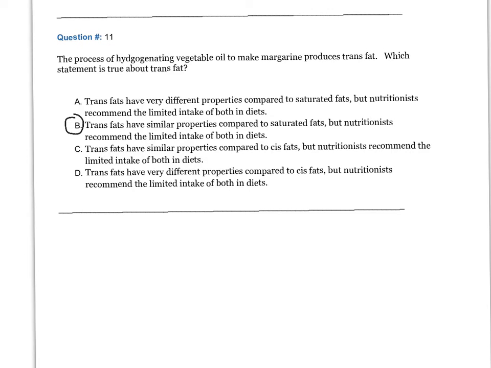So in question number 10, you can see structurally they look similar to a saturated fat, and it's true that nutritionists limit the intake of both trans and saturated fats. They have a tendency to be more solid at room temperature, and they're more likely to clog arteries and veins.